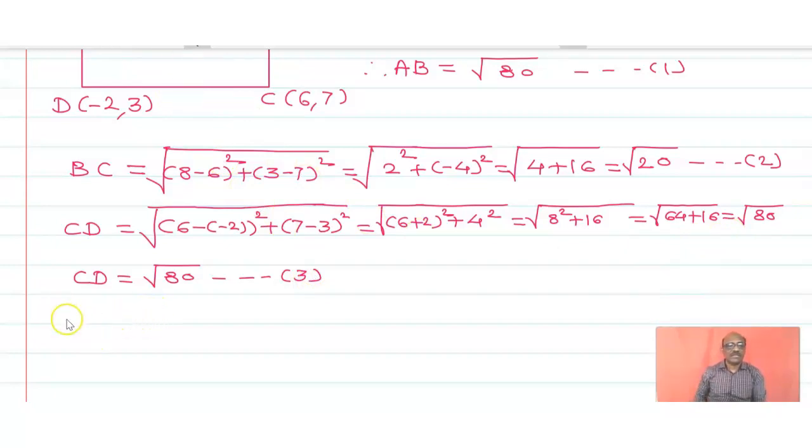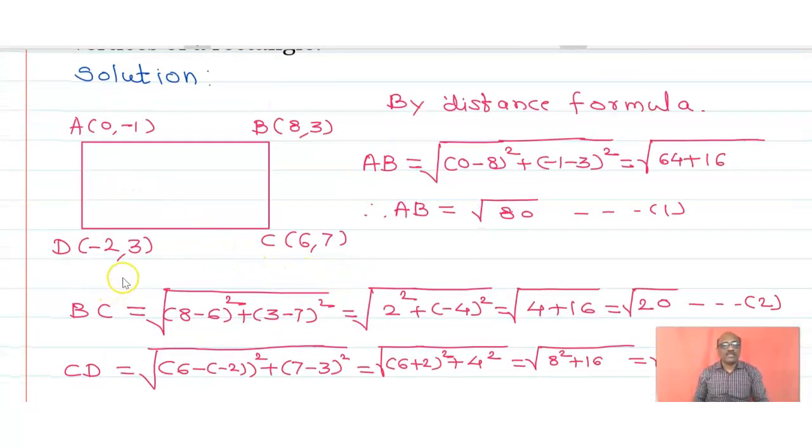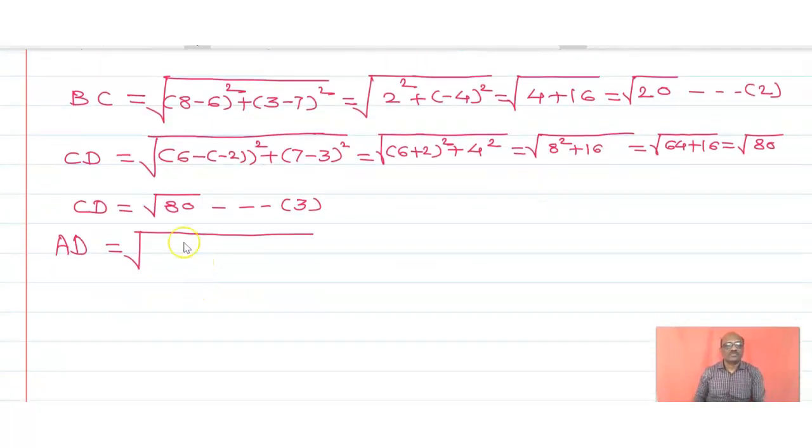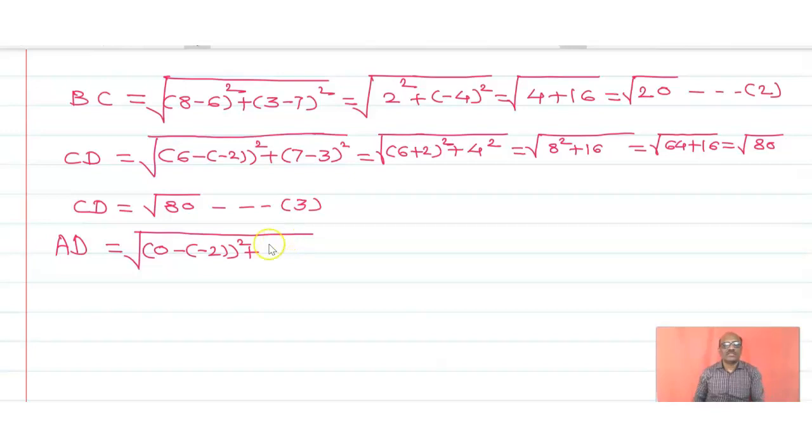Next, this is the CD, and last is AD. Again, the same thing is here. The difference of 0 minus (-2) squared, next, -1 minus 3 squared.